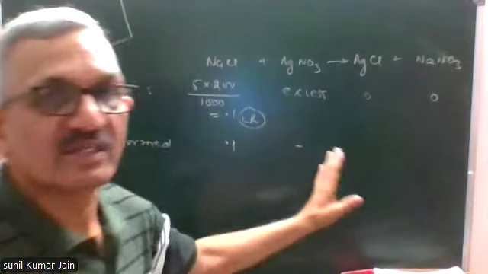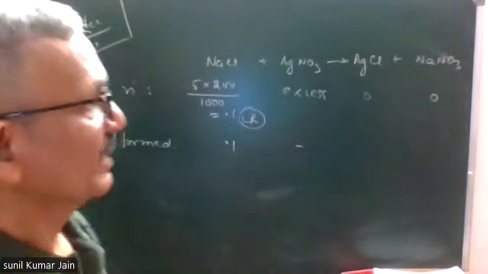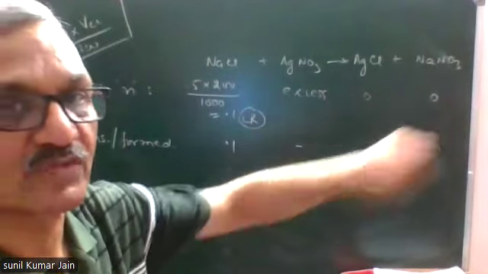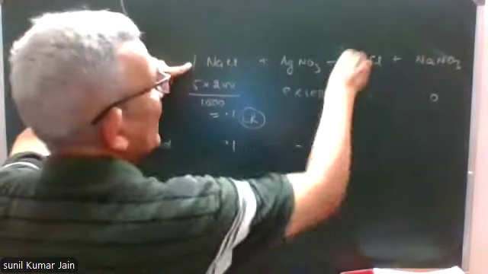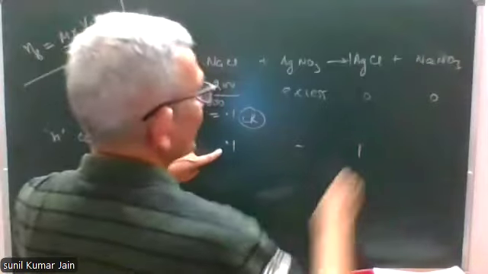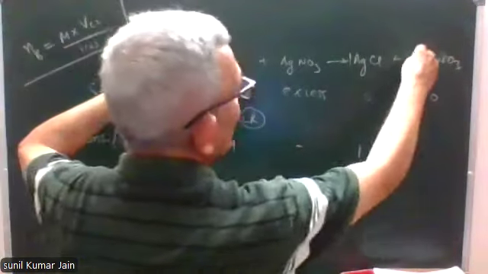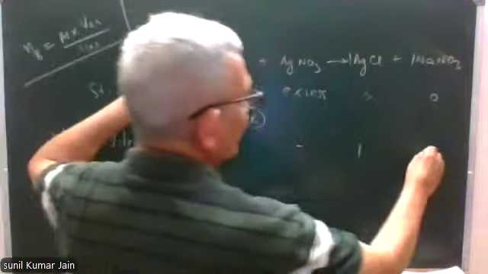This is in excess, no calculation will be required for this. Now coming to number of moles of products formed. This one is a very simple numerical. 1 mole gives 1 mole. 0.1 will give 0.1. 1 mole gives 1 mole. 0.1 will give 0.1.